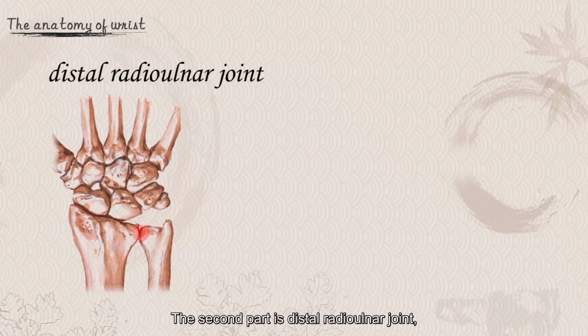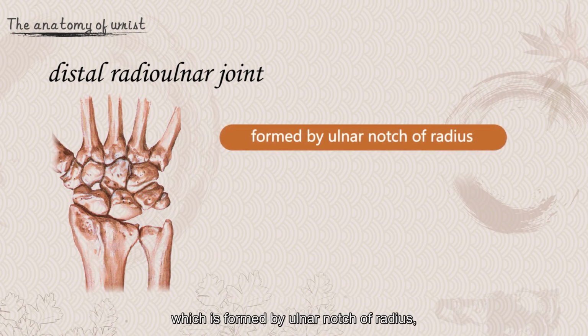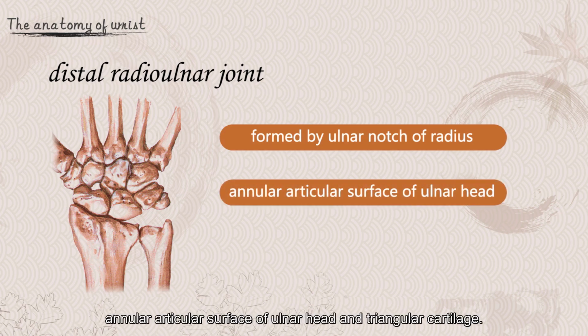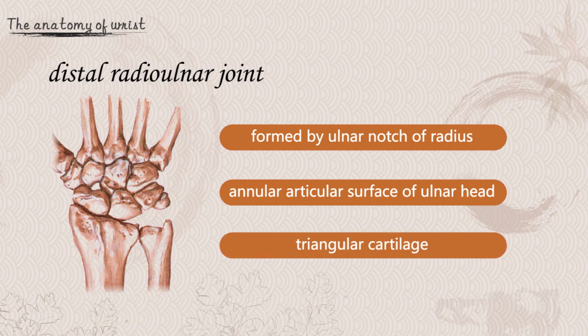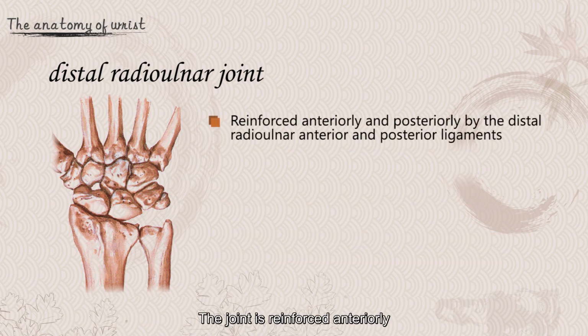The second part is the distal radio-ulnar joint, which is formed by the ulnar notch of the radius, the annular articular surface of the ulnar head, and the triangular cartilage. The joint is reinforced anteriorly and posteriorly by the distal radio-ulnar anterior and posterior ligaments.